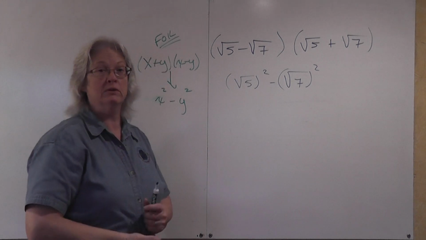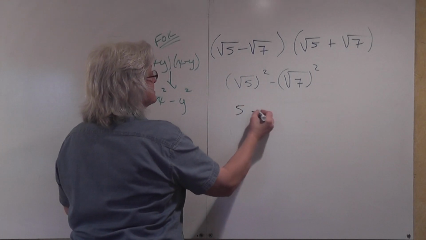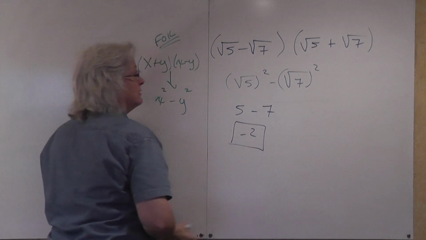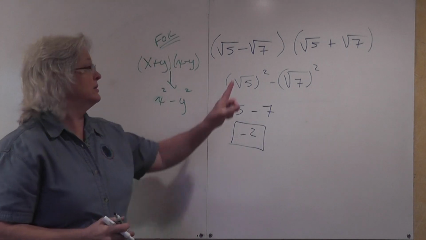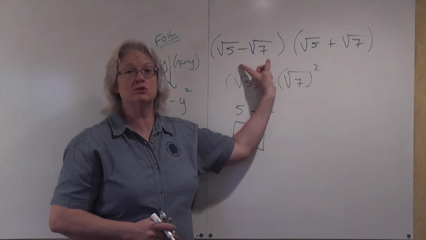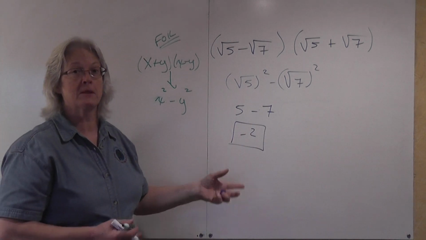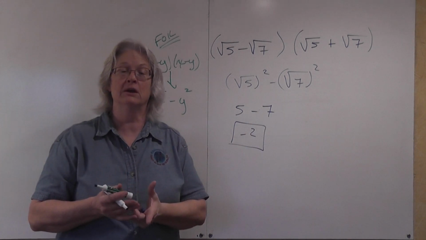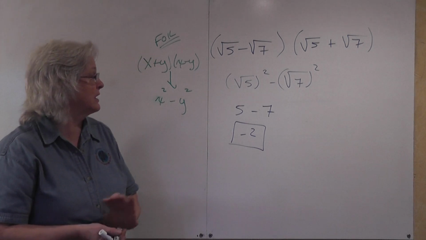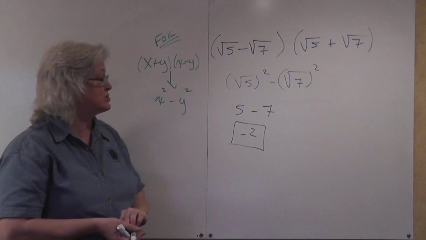Square root of 5 squared is 5, minus the square root of 7 squared is 7. You subtract those, and the product of the multiplication of these two radical expressions here is negative 2. So we're going to be using all of the techniques and all of the patterns that we learned when we were multiplying polynomials together, except we're going to be applying them now with radical expressions.